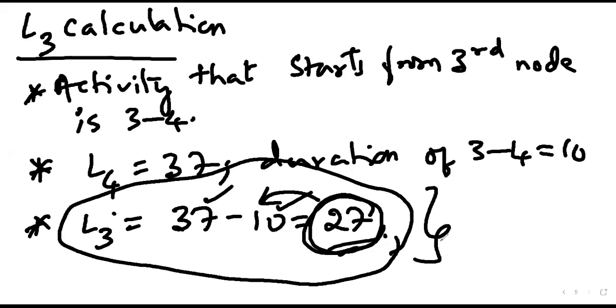Why? Because two activities start from the second node. That's right. And by solving the two equations, you get two values, and from those two values you have to consider the minimum. Why? Because this is exactly the reverse of what we considered in the previous calculation, early start and early finish. In early start and early finish, we used to consider the maximum. Now we are supposed to consider the minimum. Okay.